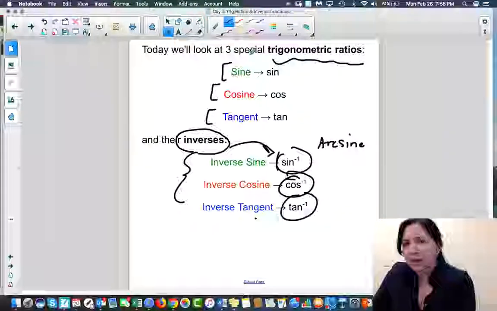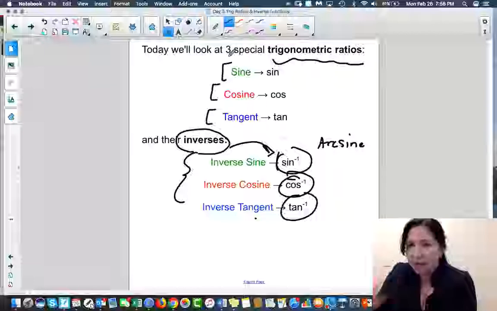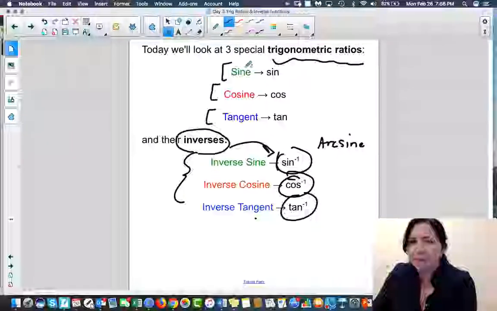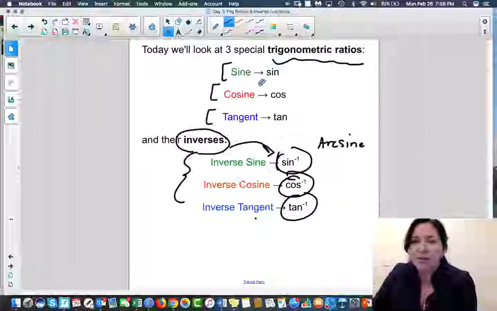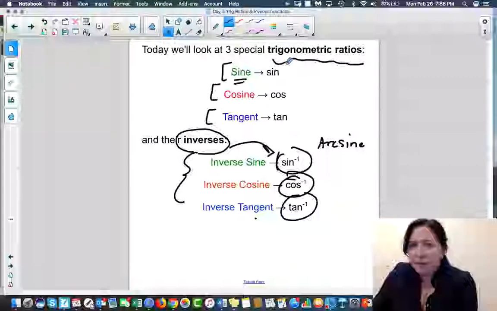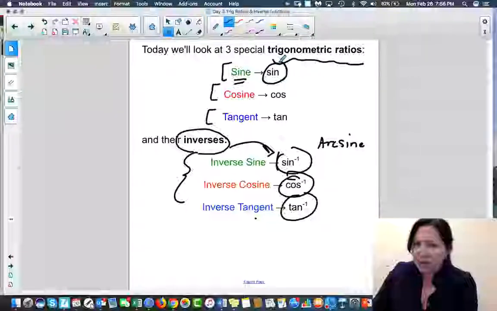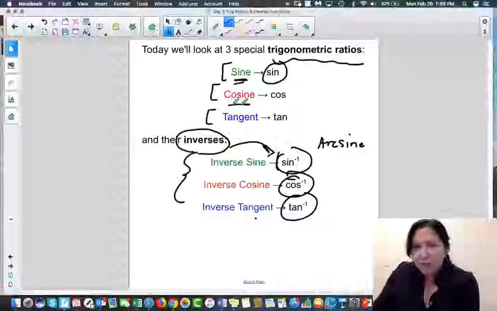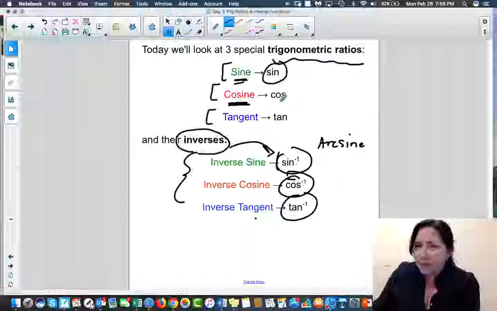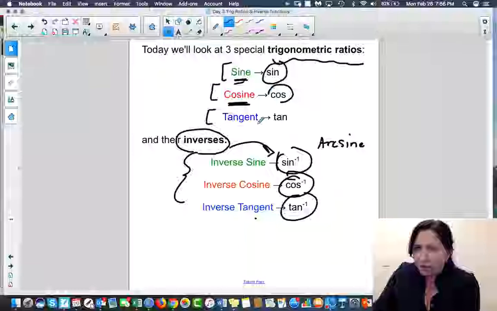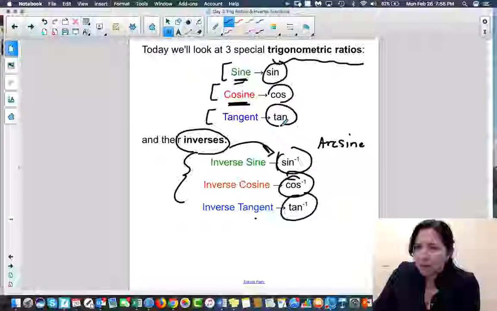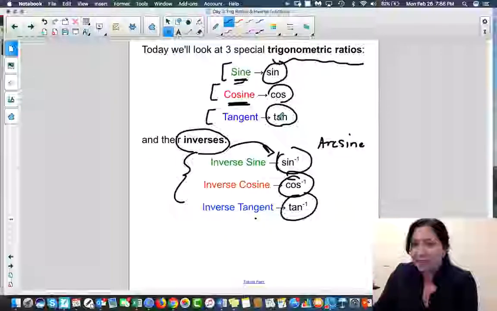So I'm going to get to that in a minute, but right now, we're going to look at the trig ratios, okay? Now, this is what you see, that's what you write, this is what you say. This is what I say, cosine, but this is what I write, cosine. As I write the word T-A-N, I'm saying tangent out loud.